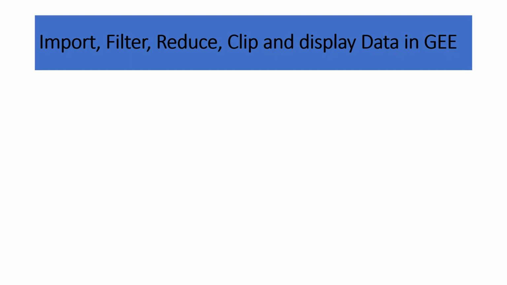You can filter your data set in different ways. You can filter your date, you can select your specific band, then reduce is a statistical function, and you can calculate the mean pixel value, median pixel value. Okay, then clip, you can simply clip with your shapefile.